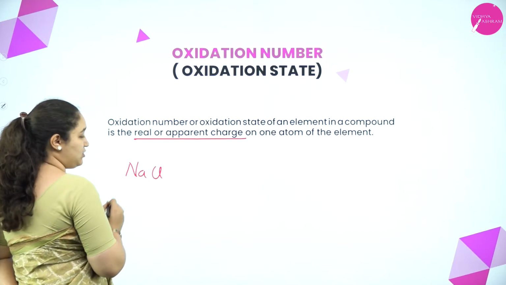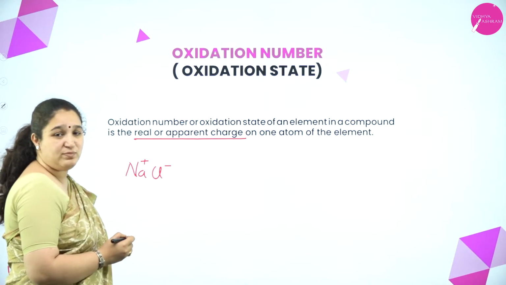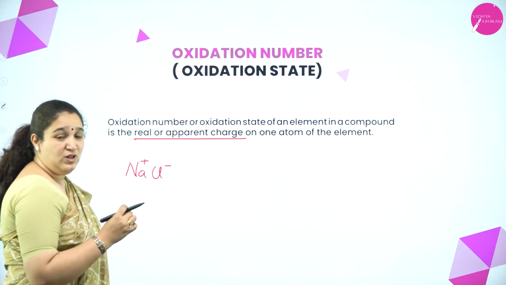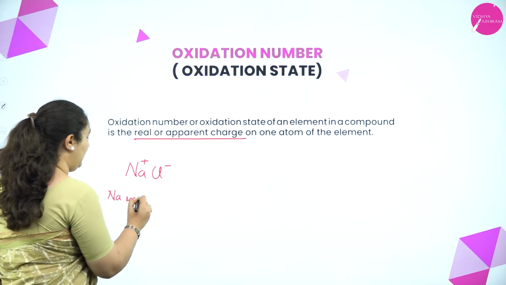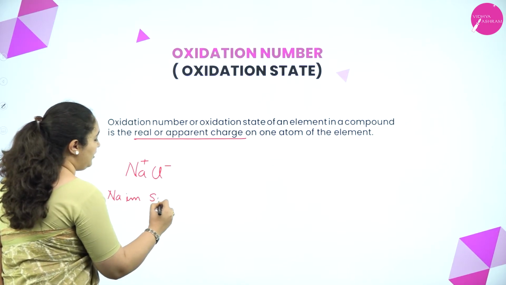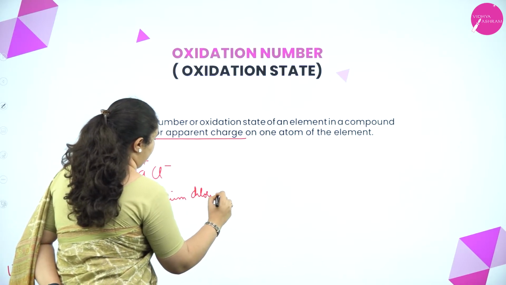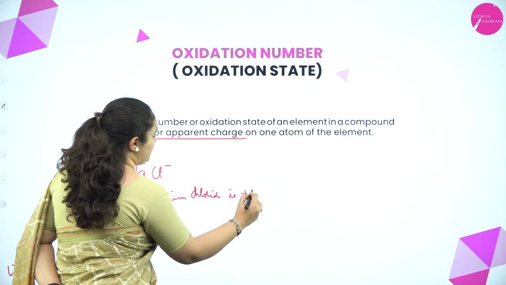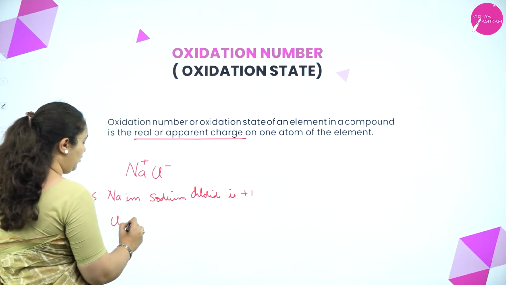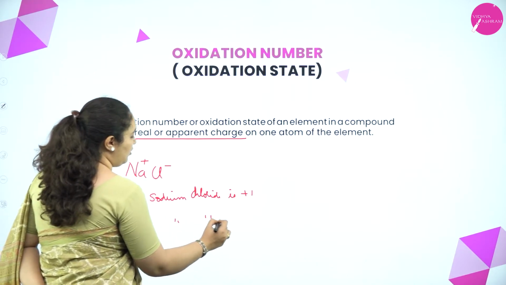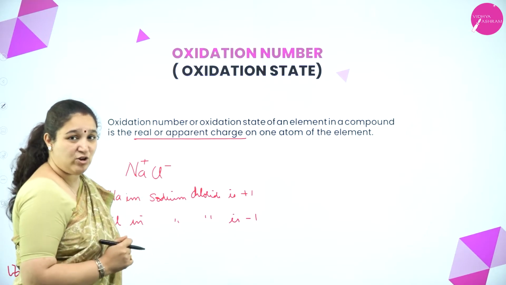In sodium chloride, an ionic salt, sodium has +1 charge, chlorine has -1 charge. So the oxidation state of sodium in sodium chloride is +1 and the oxidation state of chlorine in sodium chloride is -1. These are real charges because it's an ionic compound.